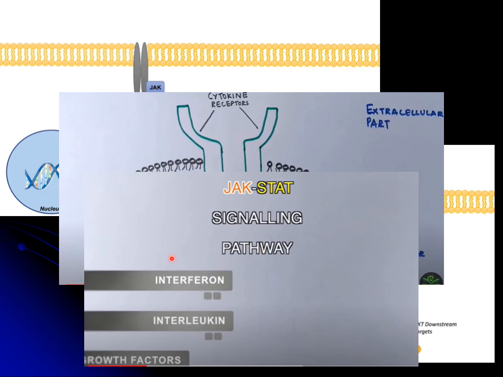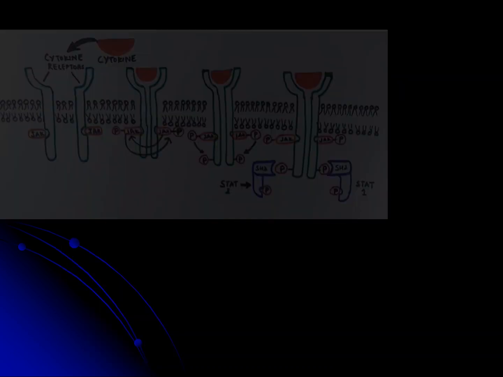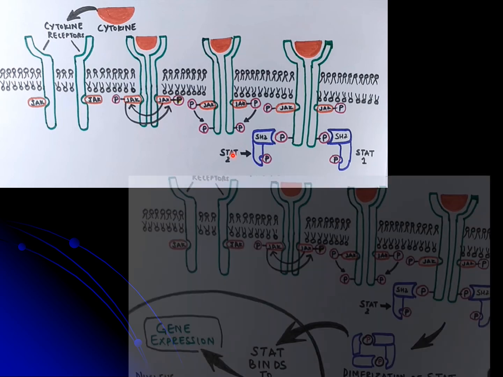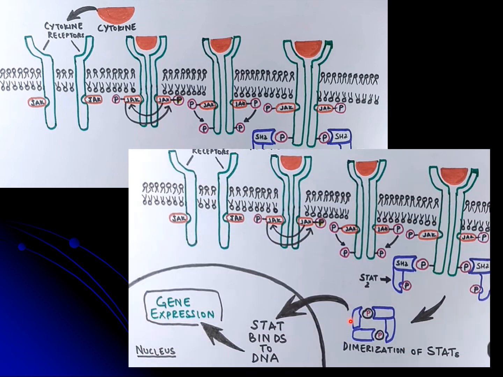Typical examples are that of interferons, interleukins, and various growth factors which act through the JAK-STAT signaling pathway. So this is a closer look at this diagram. Cytokine receptor, there is dimerization and there is activation of JAK and STAT proteins, which further leads to STAT binding to the DNA and leads to gene expression inside the nucleus.